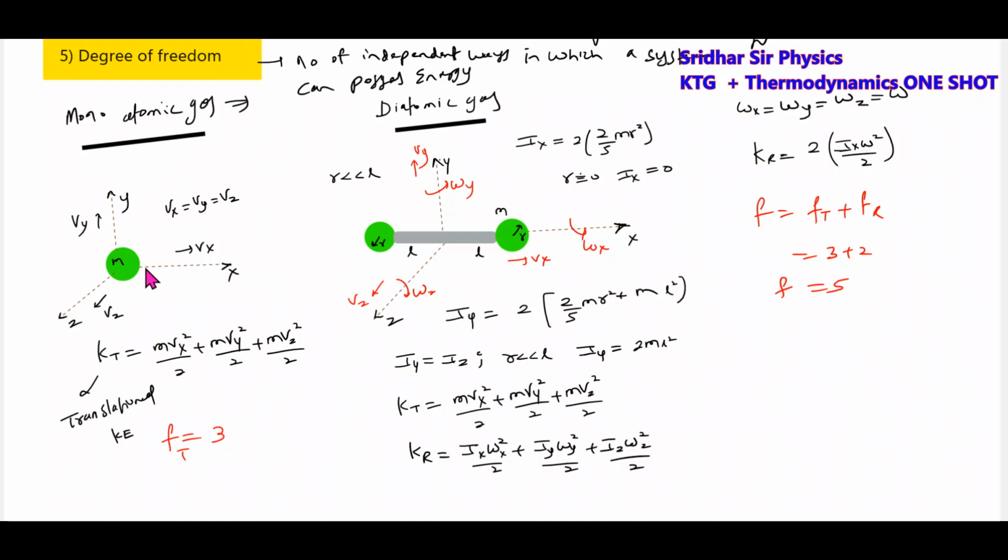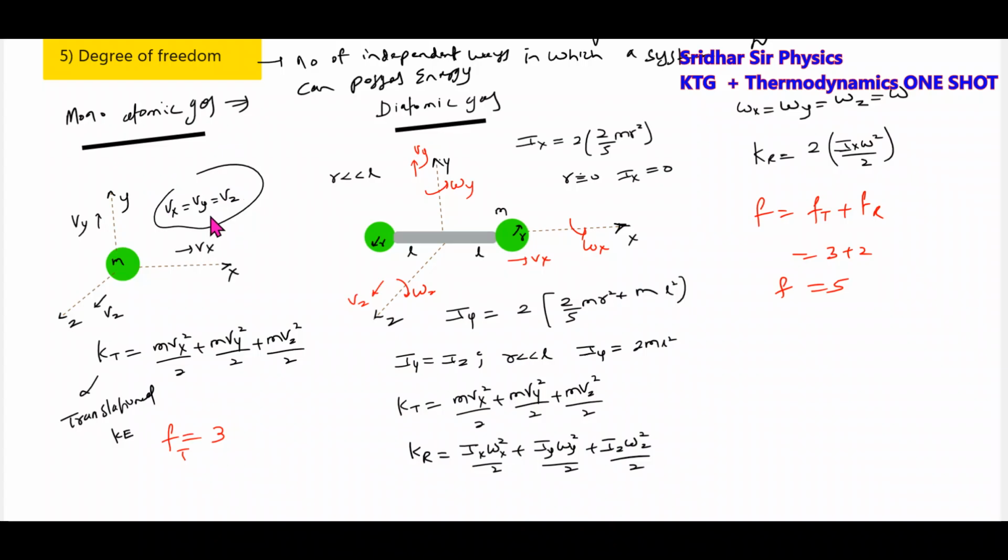For a monoatomic gas, it can move along x, y, z. The velocity along x is independent of velocity along y, which is independent of velocity along z. So all these kinetic energies along x, y, z are independent. Of course, Vx equals Vy equals Vz, but they are independent. So the number of degrees of freedom will be 3. Why Vx equal to Vy, Vz?